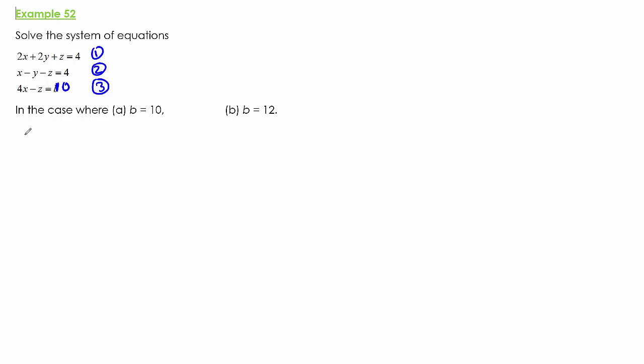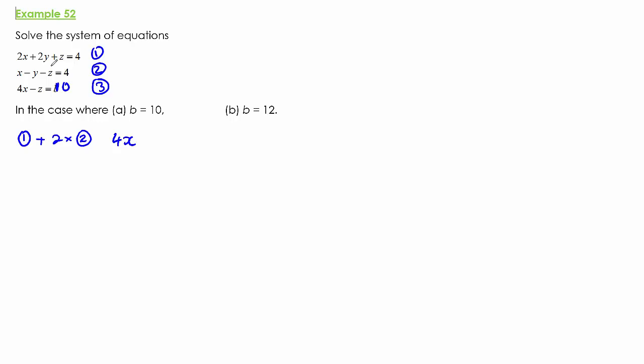So if I do equation 1, add 2 lots of equation 2, that would get rid of the y's. So I've got 2x, add 2x, so that's going to give me 4x. 2y, add negative 2y, so that disappears.